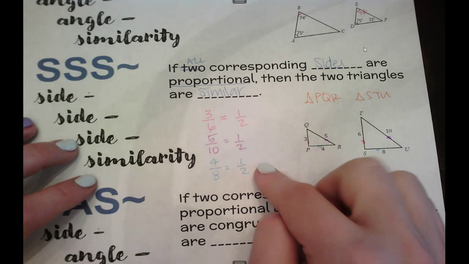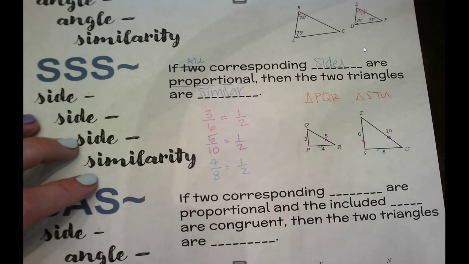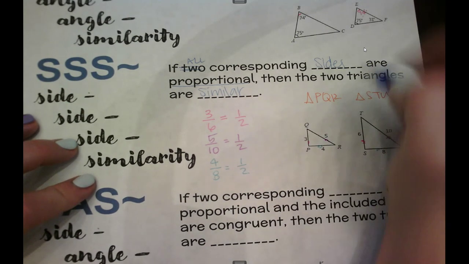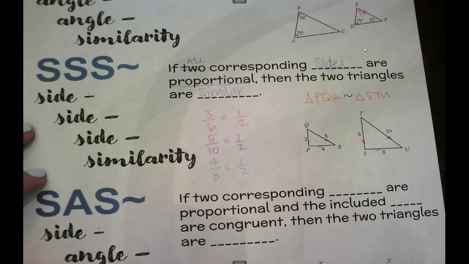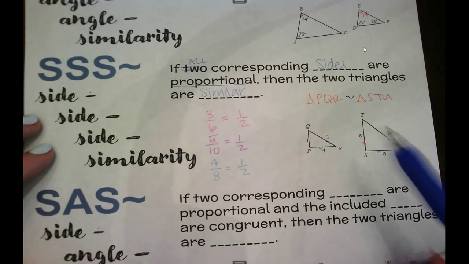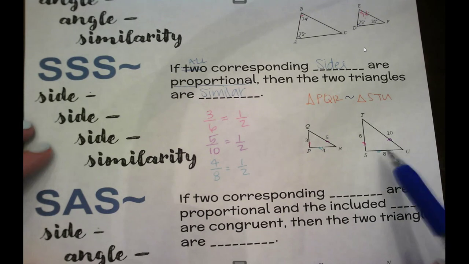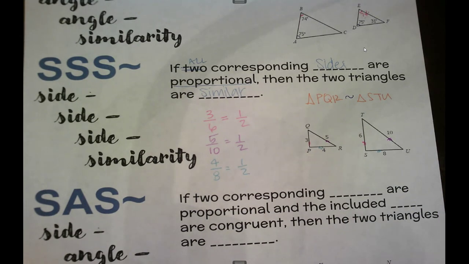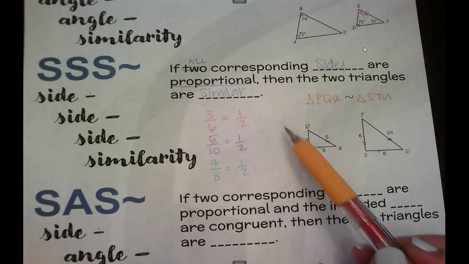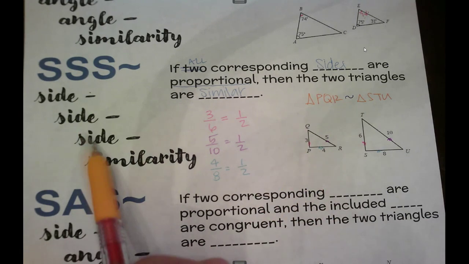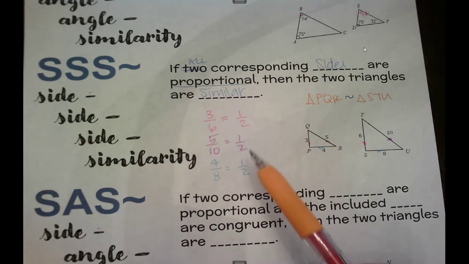So since all of our ratios are the same, these two triangles are similar based on side, side, side. So if you're given the outside measures, this is how we can find out if they are similar or not. We find the ratios for all three sides. All three have to be the same.